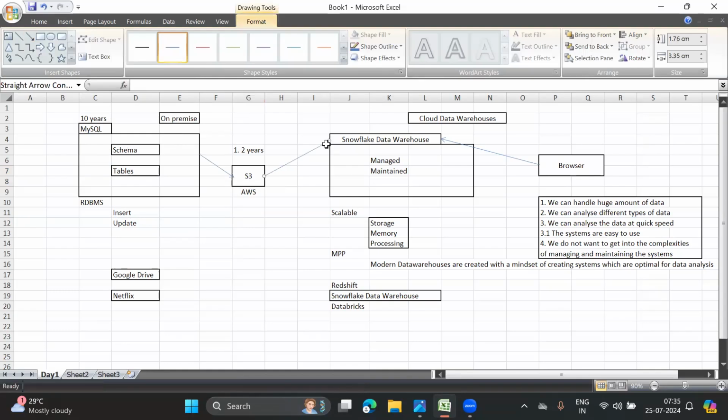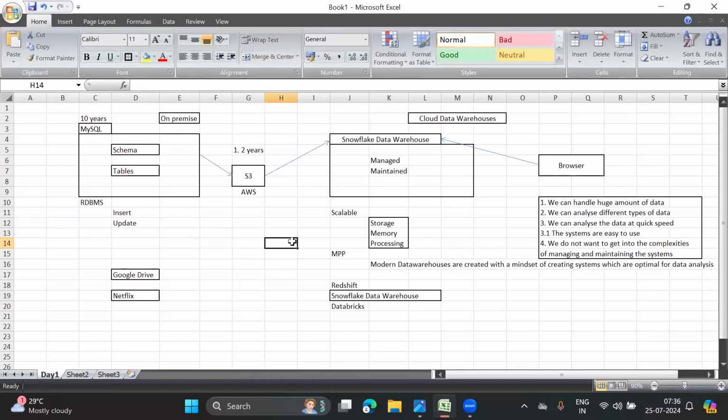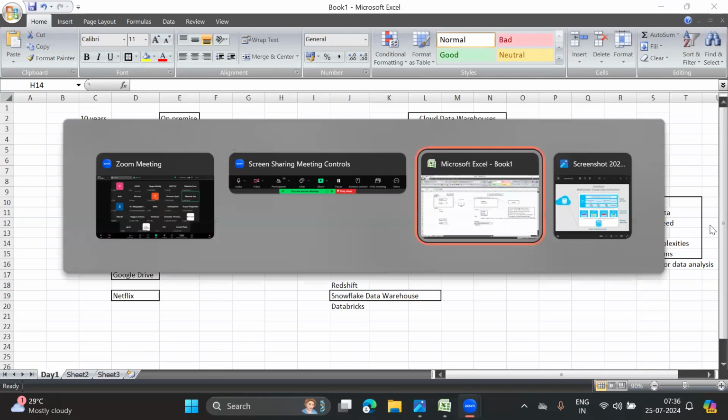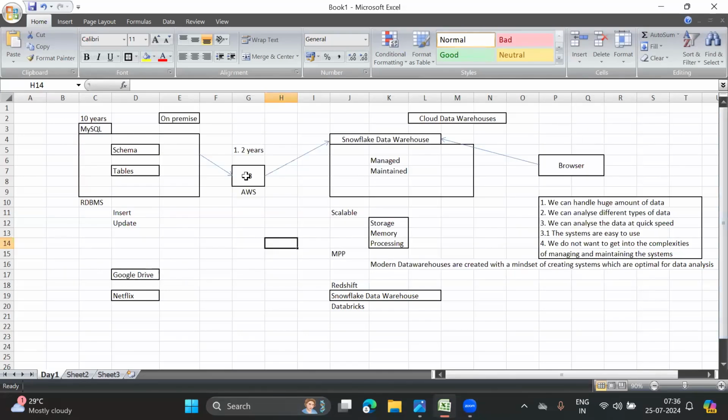I cannot tell you how popular this way is and how many companies are actually doing it. So if your company is doing it, can someone tell me whose companies are doing this way to migrate to Snowflake data warehouse? Okay, you might have seen that this was the very basic way to move from your on-premise system to Snowflake.